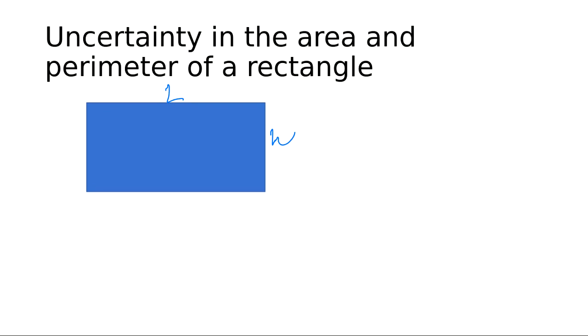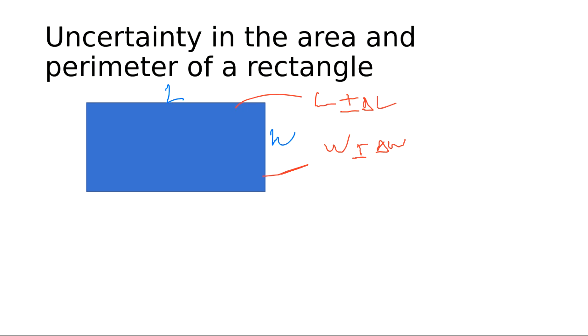I'm going to use a red color here. I'll write the length as L plus or minus delta L, and the width as W plus or minus delta W. So delta W is the uncertainty in the width, and delta L is the uncertainty in the length.